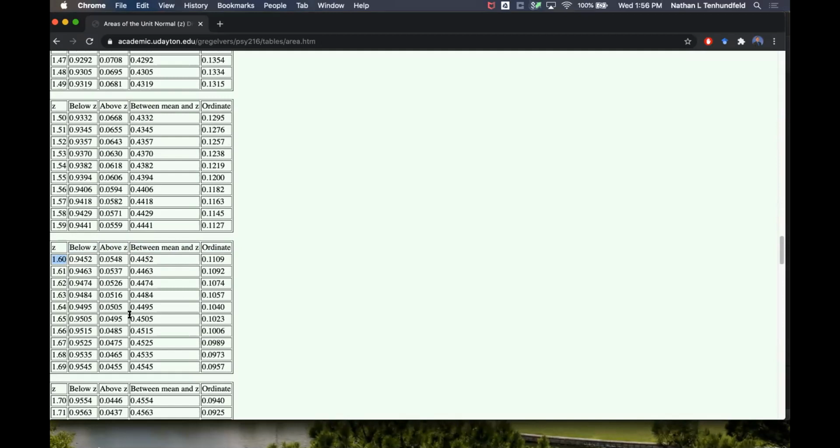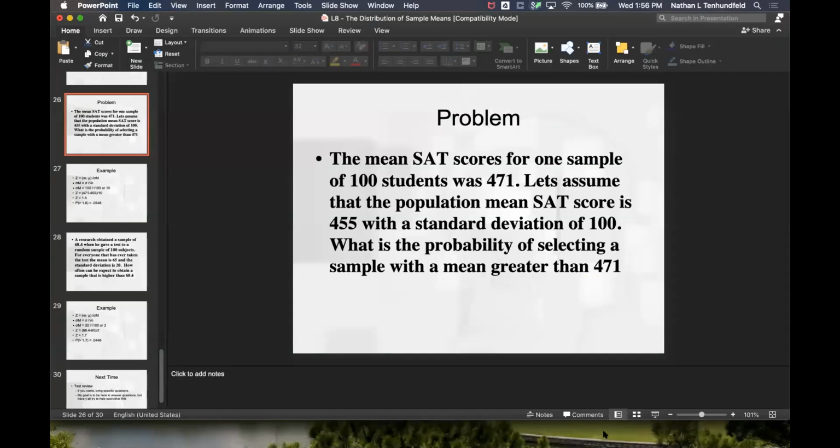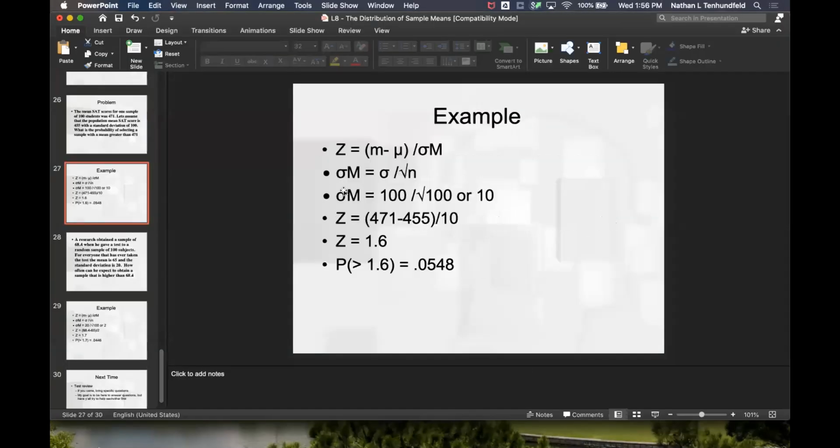Why? Because we're looking for the proportion that's greater than 471, so we want what's above z. Exactly. Yes. And so we look at that probability, and that's 0.0548. Awesome. Questions about that problem?